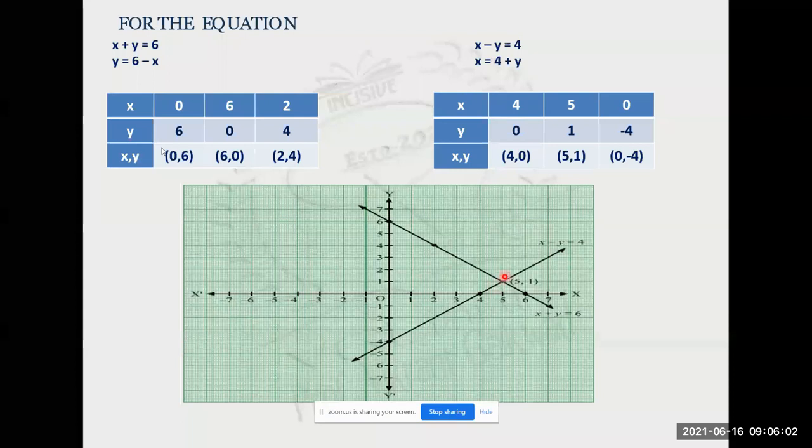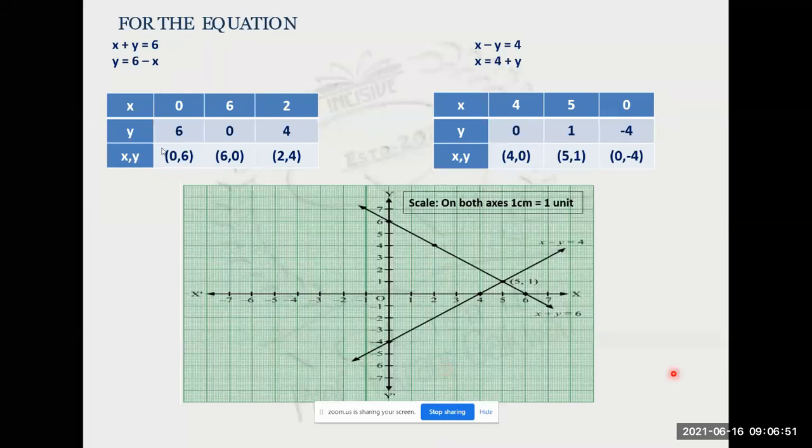The graph of so 5 places right, 1 up. So we get the point 5 comma 1. And next is 0 comma -1.